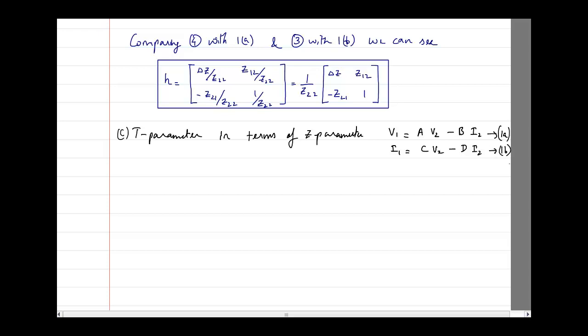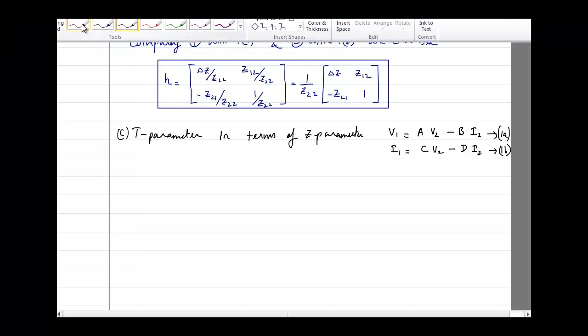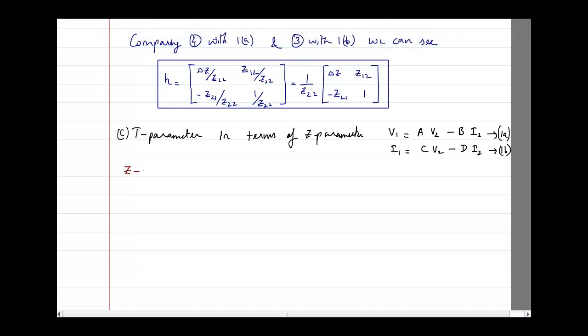Okay, and what is Z parameter? Z parameter equation is V1 with respect to I1 and I2, similarly V2 with respect to I1 and I2.